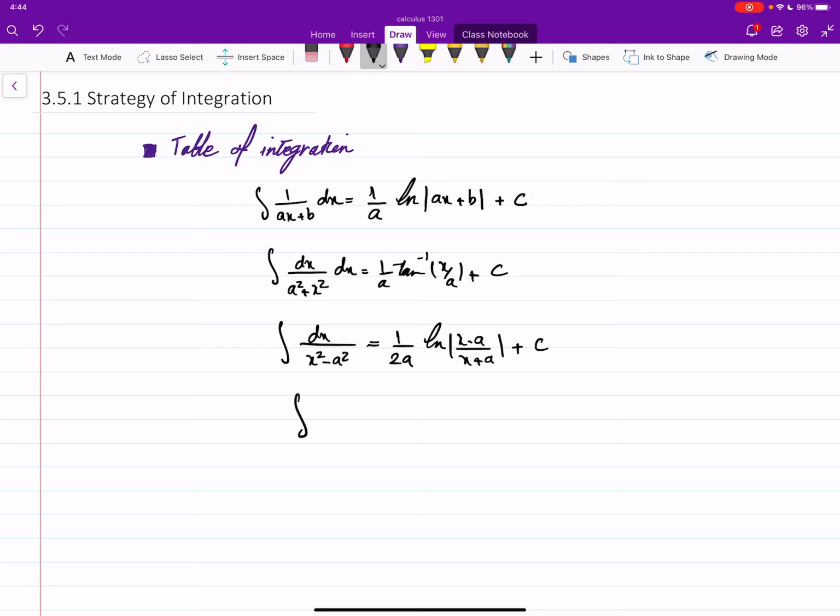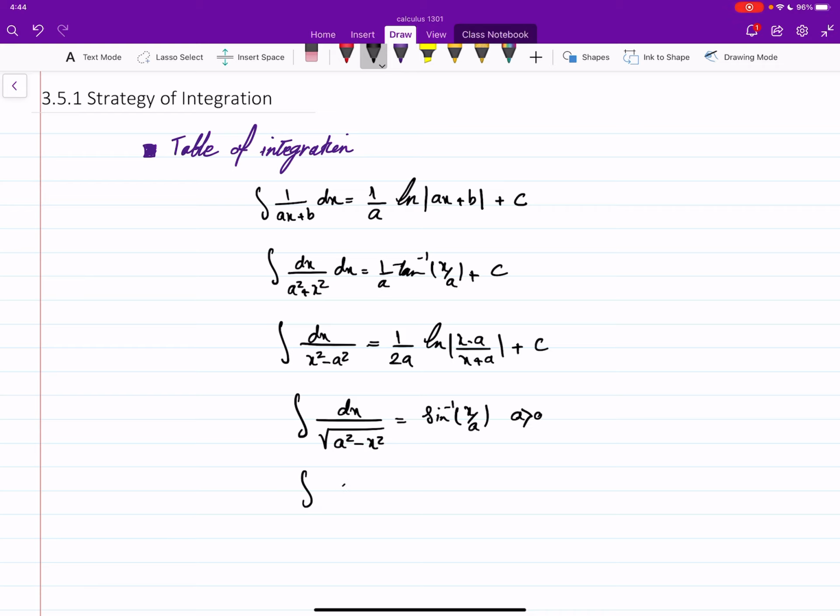And what else did we have? We had some sine inverse versions. Okay, so let me do this one, 1 over root a squared minus x squared. You know how to integrate these ones, but these are the basic ones, and you can just use them whenever you need them. So here there's a condition that we should make sure that a is positive.